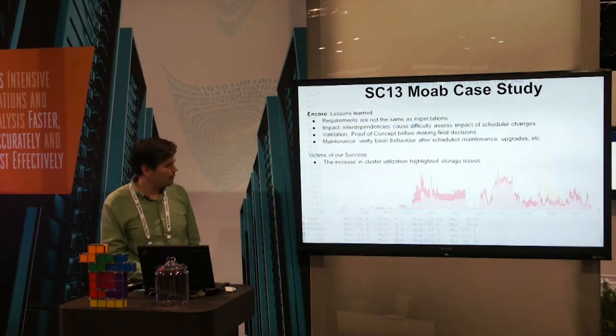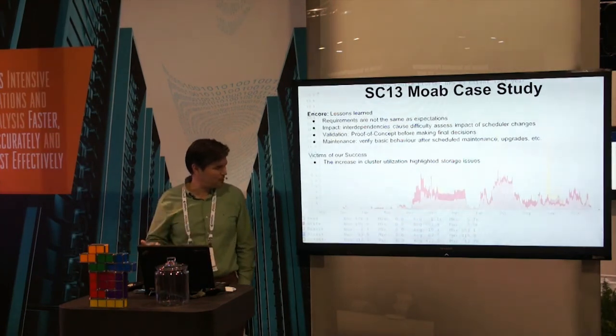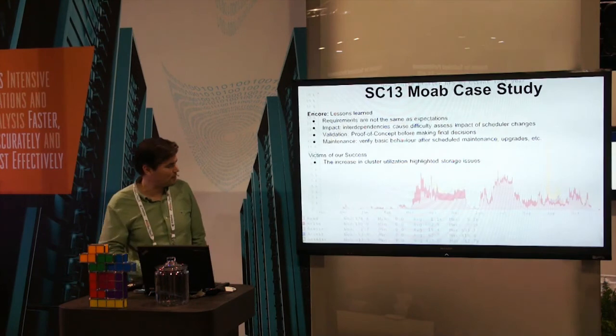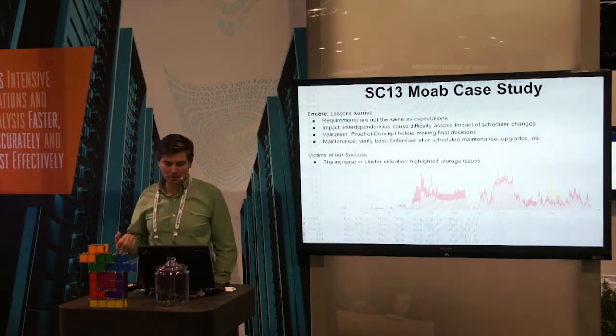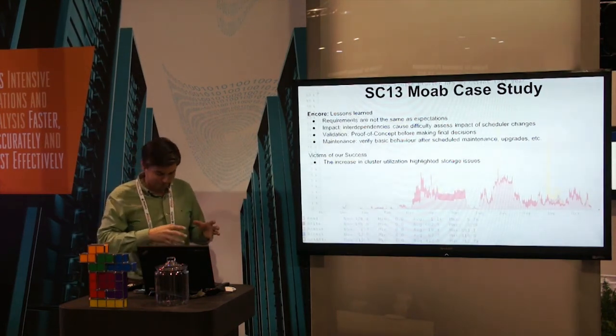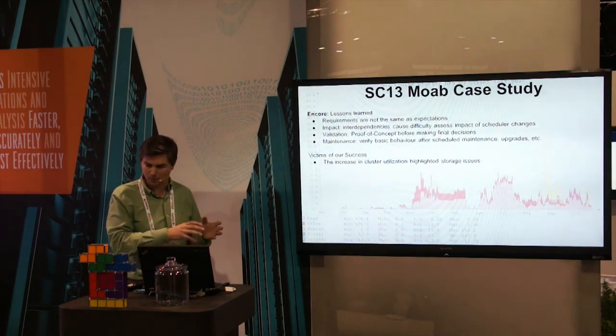Just to conclude here, I want to say that part of the reason why some of those graphs and some of our results may not look as momentous as you might think is what we discovered. Even with this sort of modest increase in utilization of our cluster, we basically took the idea. There was a consensus in the community that the scheduler was the bottleneck for the cluster, right?